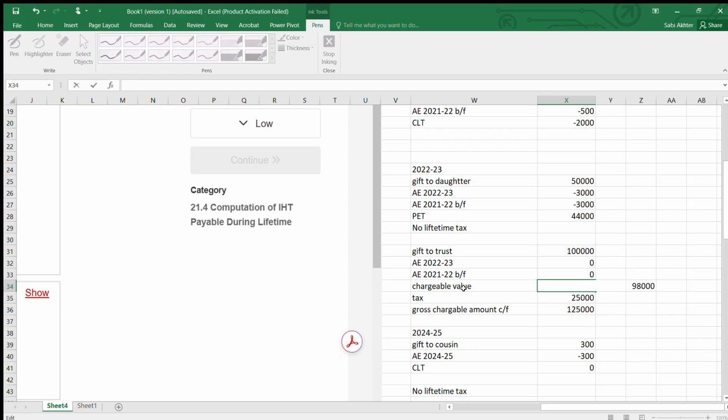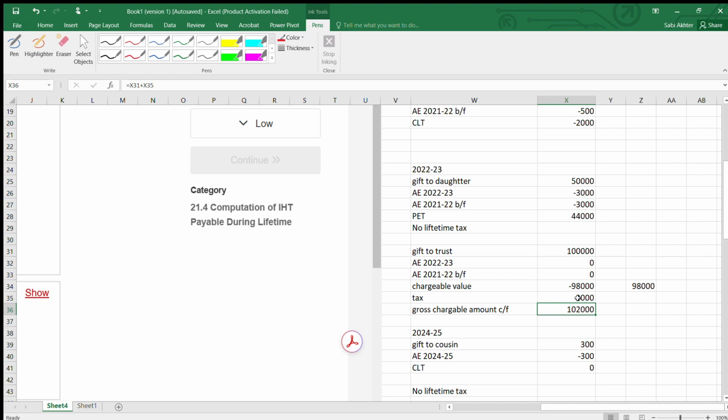So here 98,000 you can deduct. So from 100, if you deduct 98,000, you will only be taxed on the 2,000.